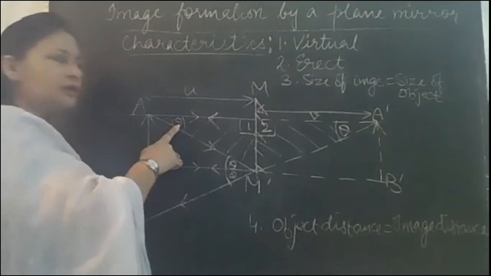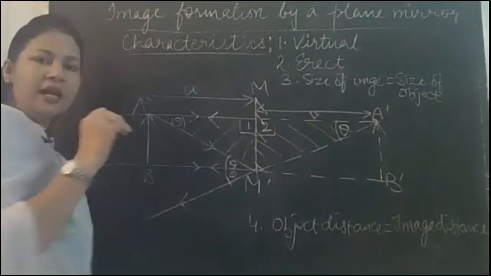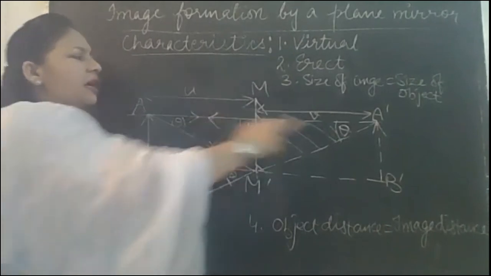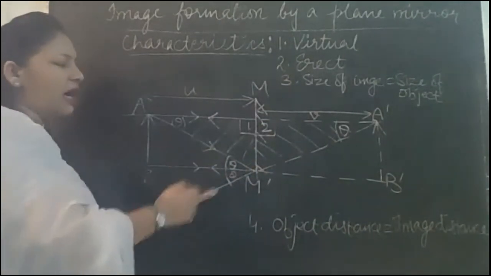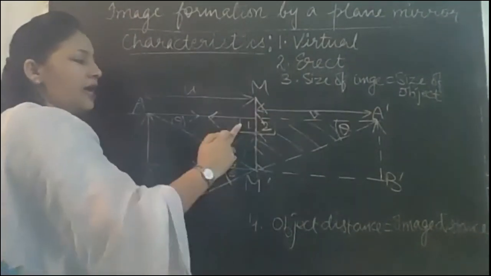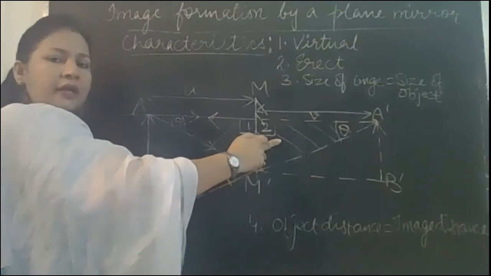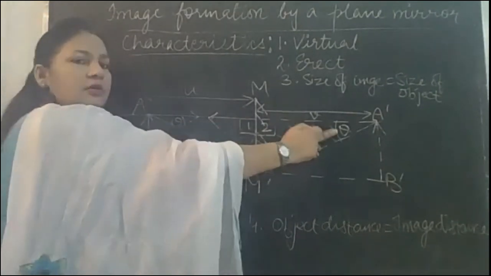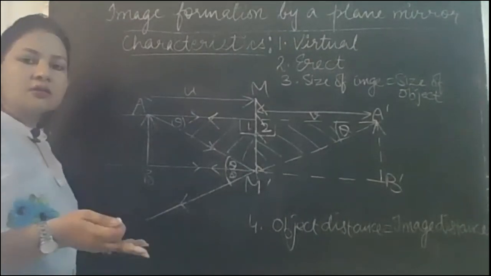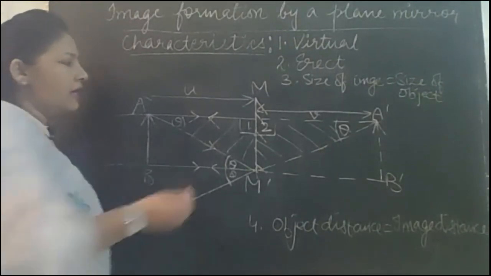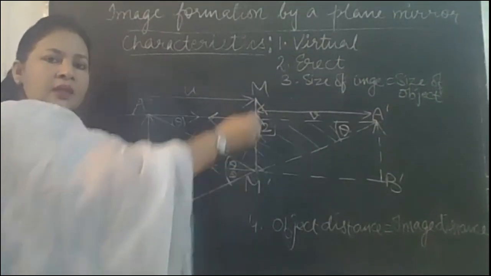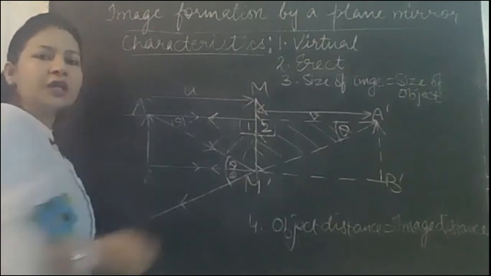Okay, this angle theta is equal to this angle because angle I is equal to angle R. आप उनको कोई भी name दे सकते हो, angle 3, angle 4 you can write, or even I and R you can write. अगर IR लिखना है तो IR लिख लो. Okay, because of reflection, and MM dash is equal to MM dash, that is common.